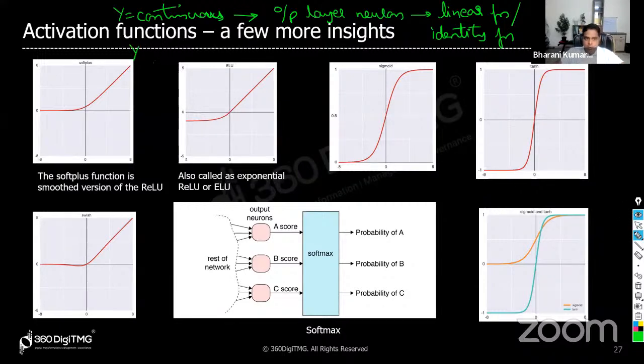If your output variable is discrete, and if you have two categories, then in the output layer neuron, you're going to have sigmoid or tanh.